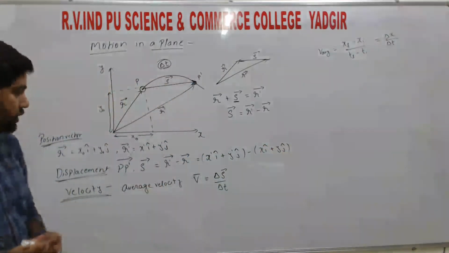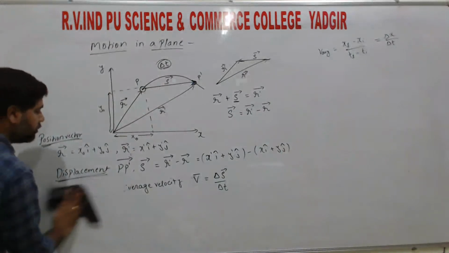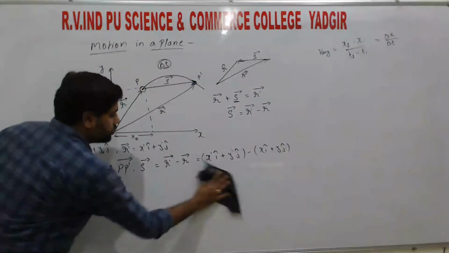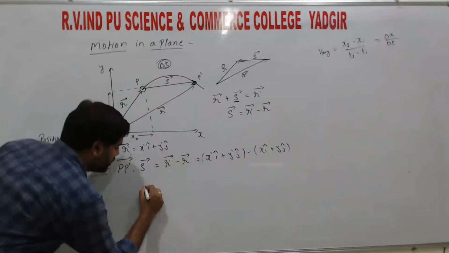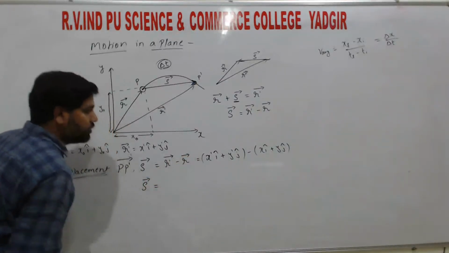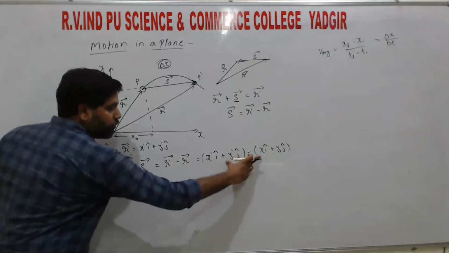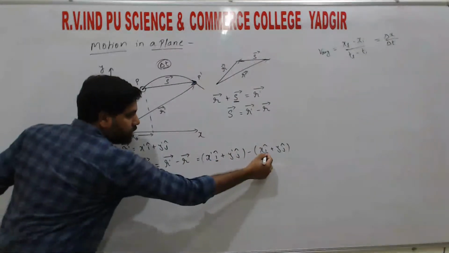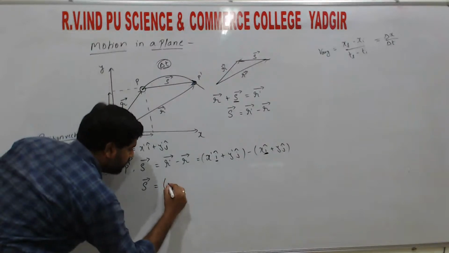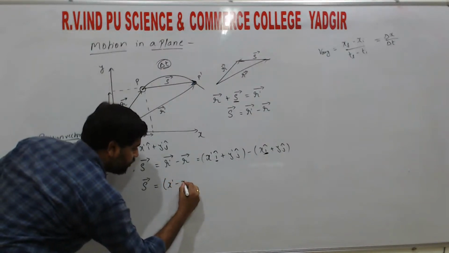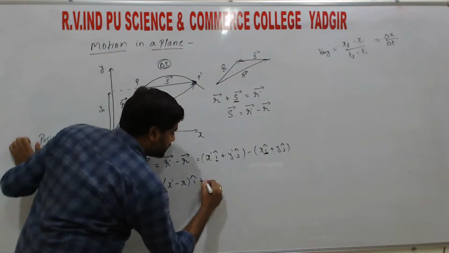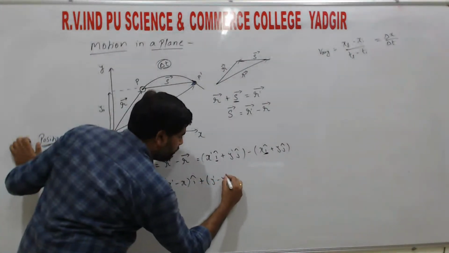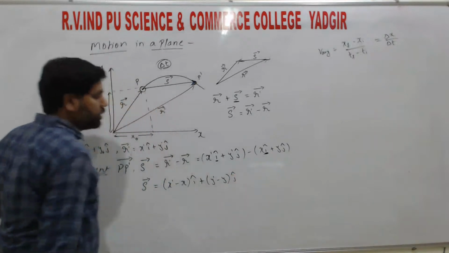Right? So first take down the displacement, next we will discuss the velocity. So in the coordinate system, displacement vector S equals the subtraction of two vectors. So here we take i as common, we can write x dash minus x i cap plus y dash minus y j cap, right?